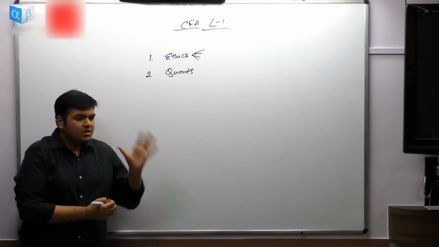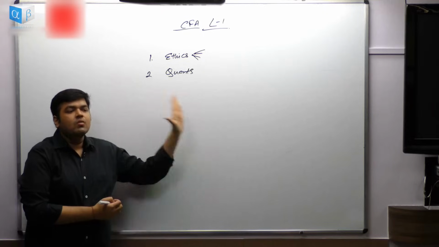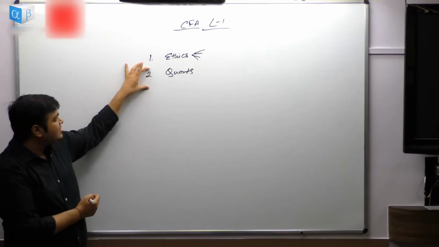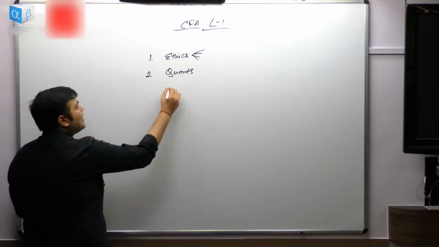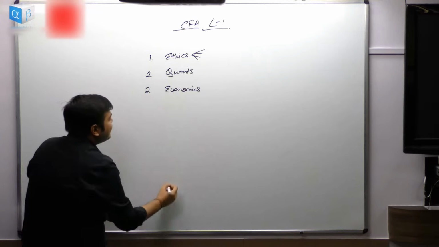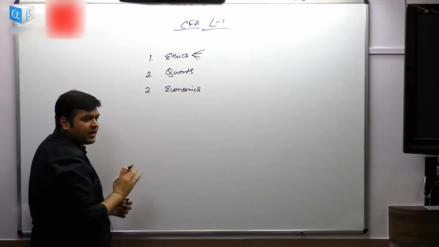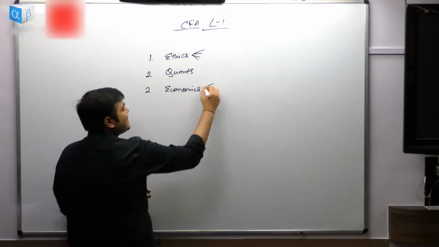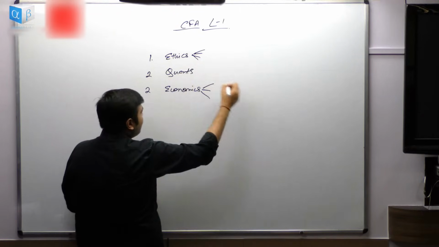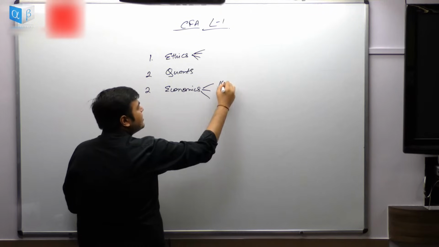But it is very good the way the institute gives out the syllabus, because you have 18 study sessions, of which 2 study sessions are in quants. Then we'll have economics, again 2. So we'll have these 10 subjects which have a certain number of study sessions. It has got, let's say, 8 readings. For every reading, let's say in economics, reading number 14 is on demand and supply.